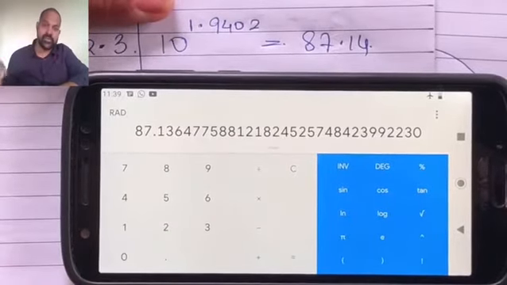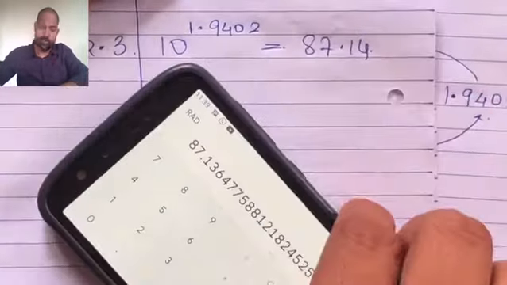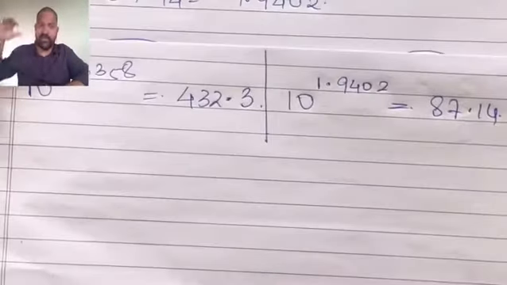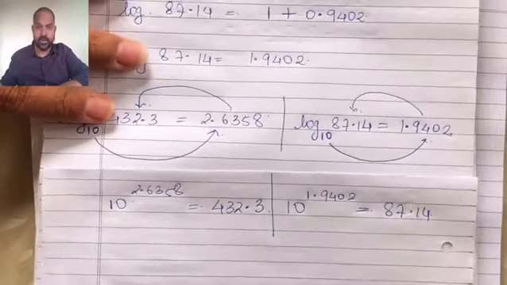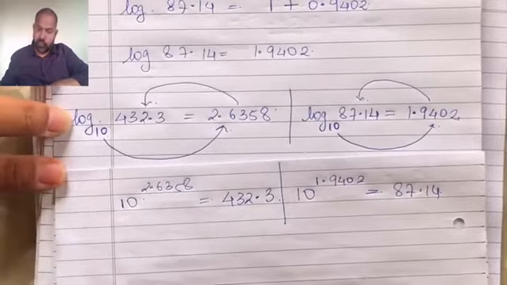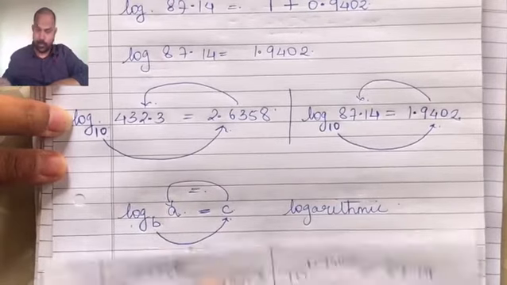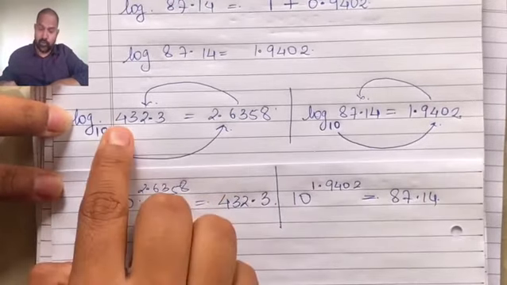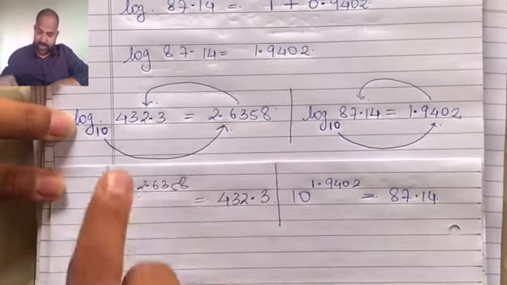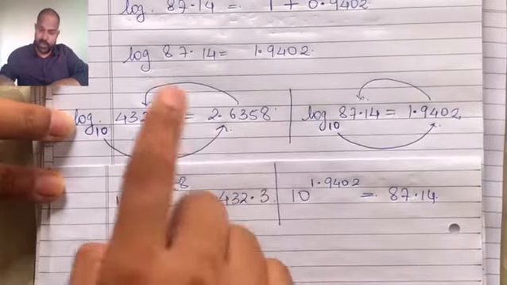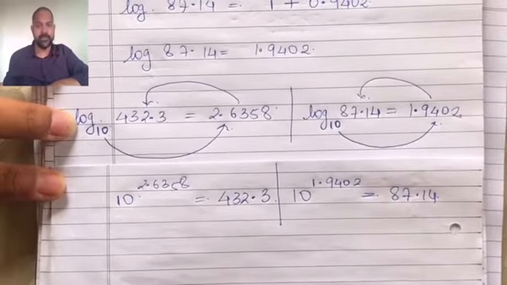And this is how you can use a scientific calculator or a cell phone to verify if this is true. So the bottom line is, whatever calculation we have done here is correct, or this logic that you said you are using is a correct logic, which is, if you are saying that log of a to the base b is c, which means when b is raised to c you get a, or if you are saying that log of 432.3 to the base 10 is 2.6358, it means that when 10 is raised to 2.6358, you get 432.3.